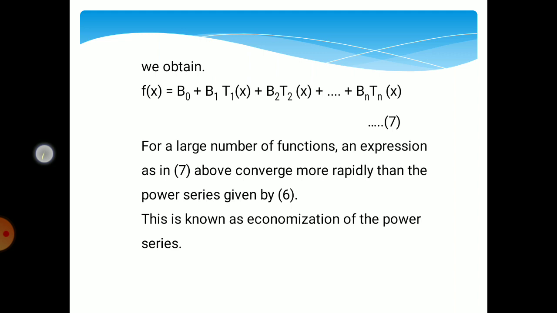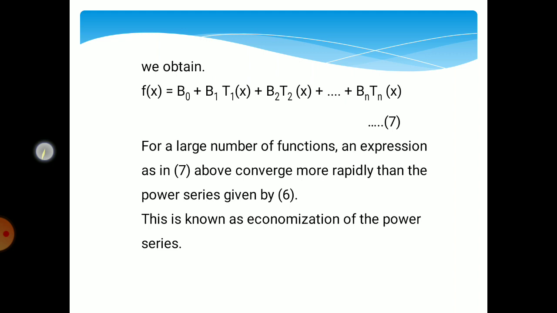Equation 7 is equation 6 written in terms of T_n(x). We have substituted the powers of x by Chebyshev polynomials and simplified, and you get equation 6 in the form of equation 7, that is f(x) = b0 + b1 T1(x) + b2 T2(x) + ... + bn Tn(x).